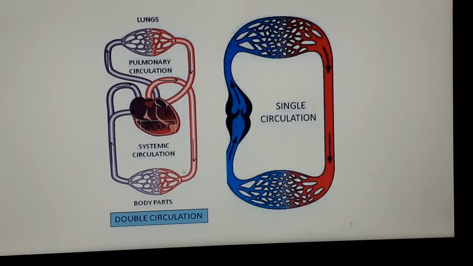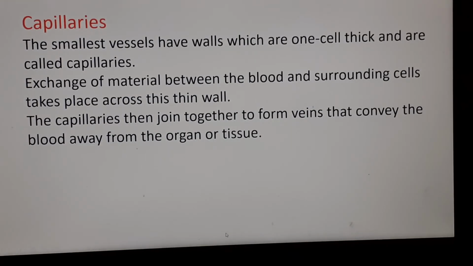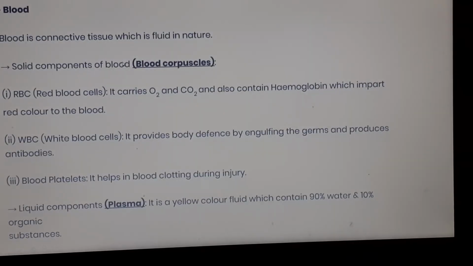Next one, exchange of material between the blood and the surrounding cells takes place across this thin wall. Capillaries then join together and form veins that convey the blood away from the organs or tissues.